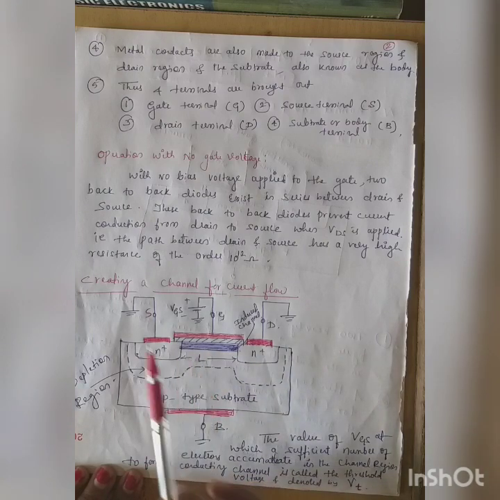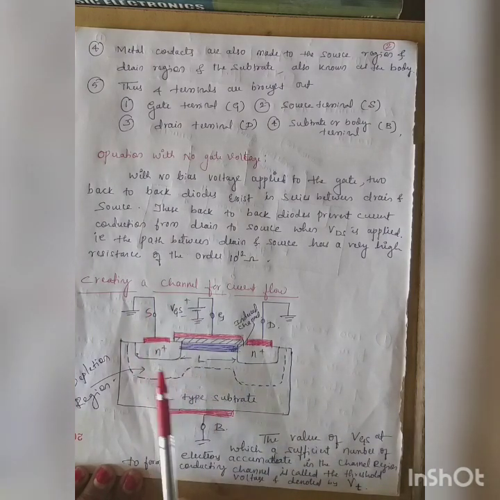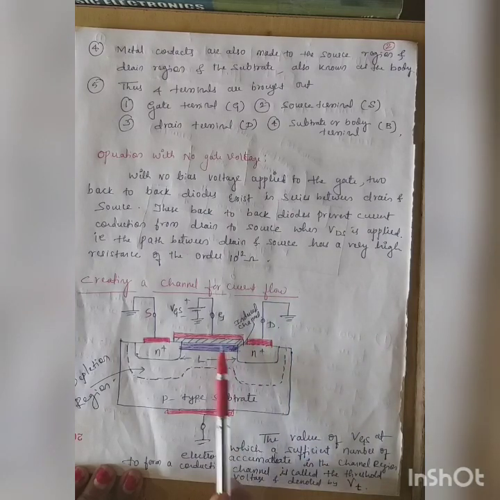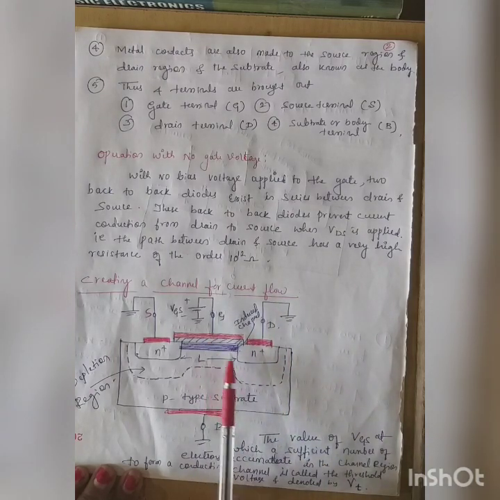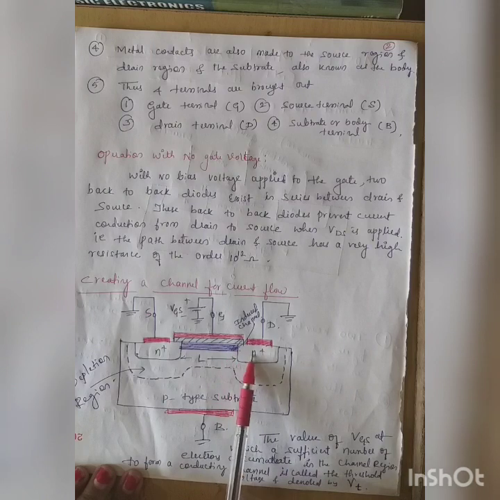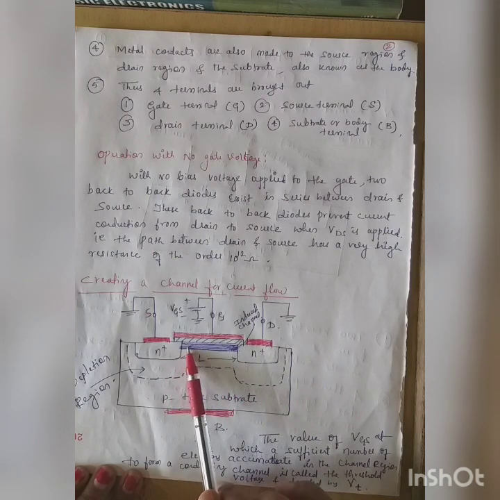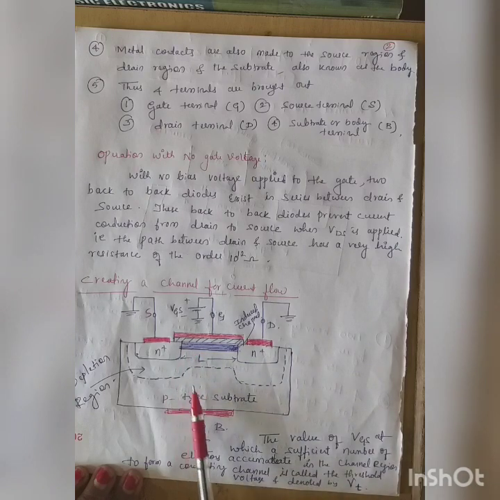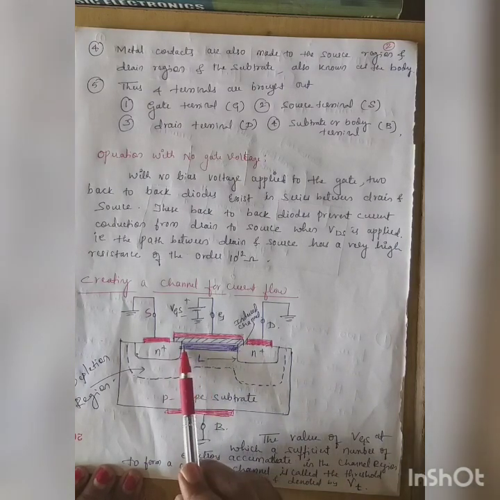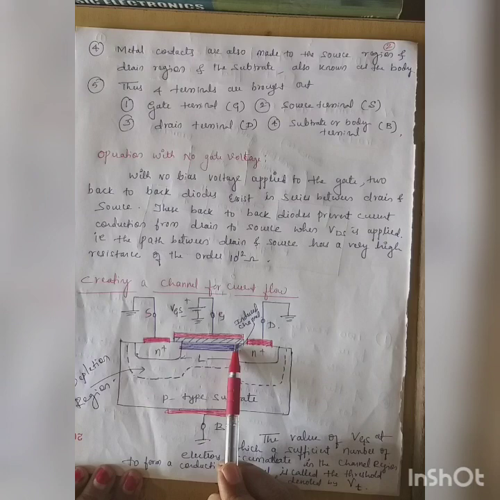Also if you just see here, N is connected to negative, this is also connected to negative, and this terminal is positive. It attracts the electrons from this N region also. So along with all these, they all accumulate at this region. What are those?